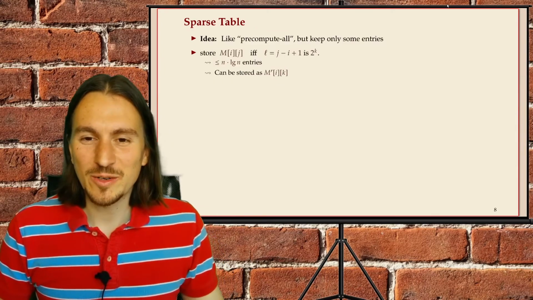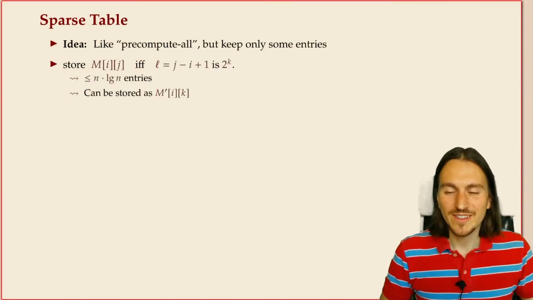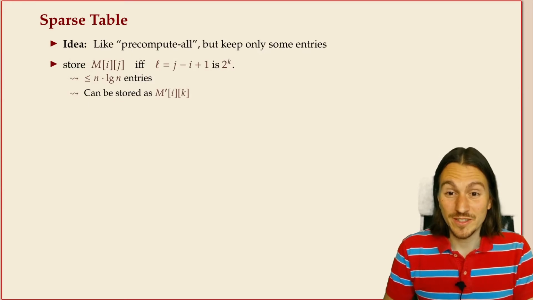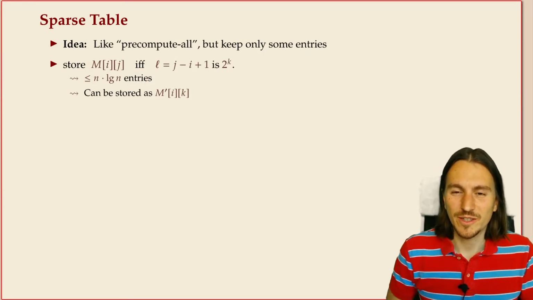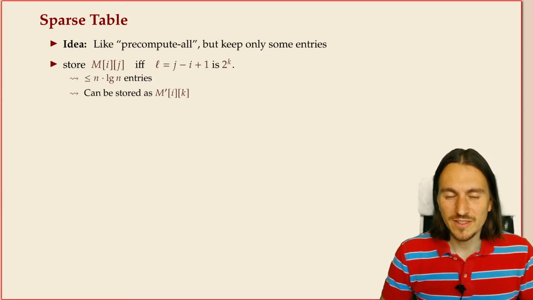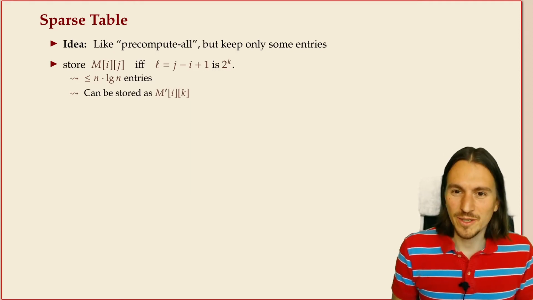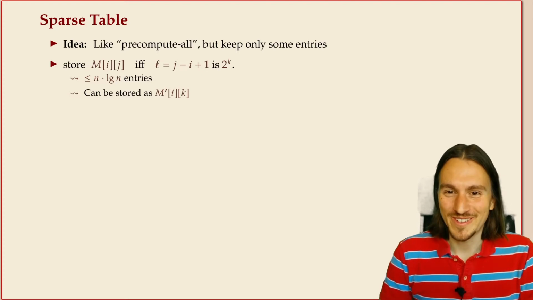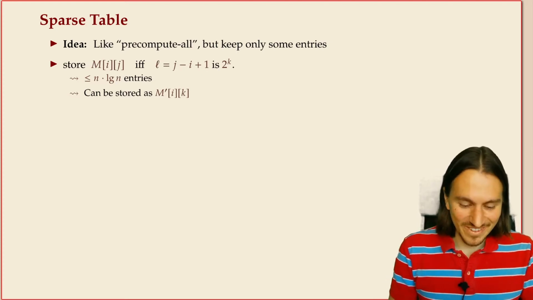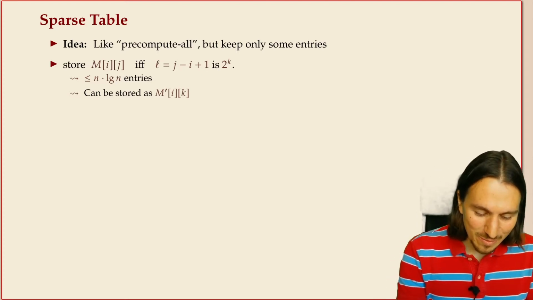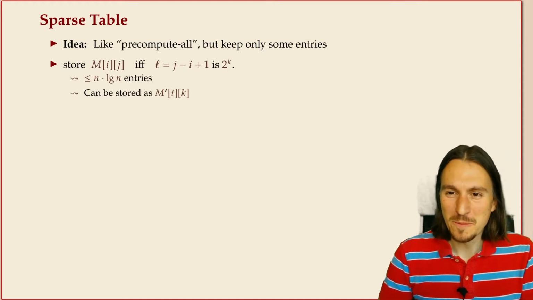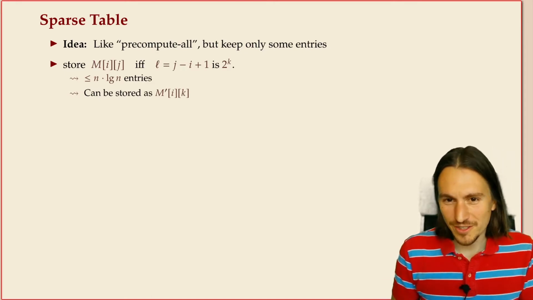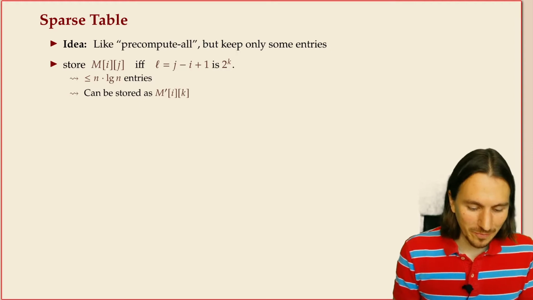There is one simple, nice trick that's not very complicated, but it does get a significant reduction in the space. And that's the first non-trivial idea on this topic. We'd like to do something like the pre-compute all solution, but we don't want to keep all entries. We need to reduce the space.